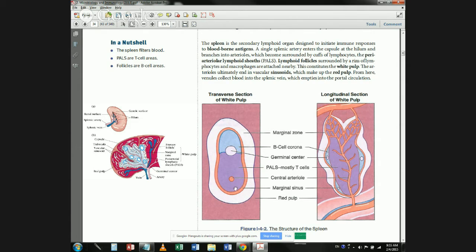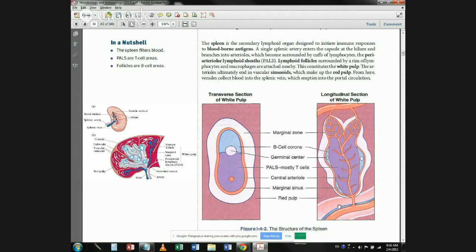So that is what's demonstrated with this, you see. So you go deeper into, wait, I am getting this wrong. Okay, so we have the red pulp, right? Inside is the marginal zone. Inside that you have the marginal sinus, and inside that you have the B cell corona.